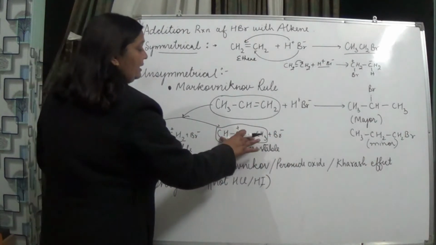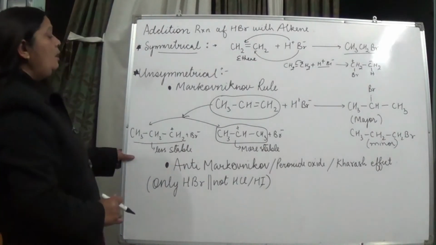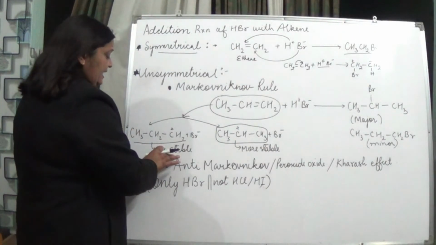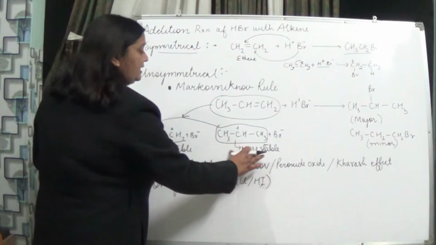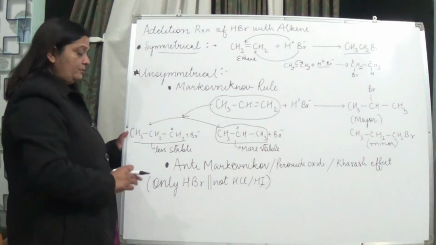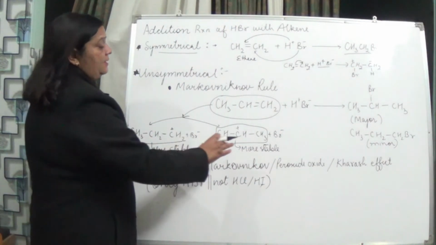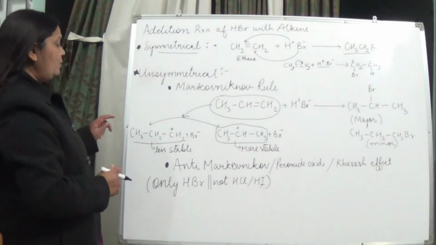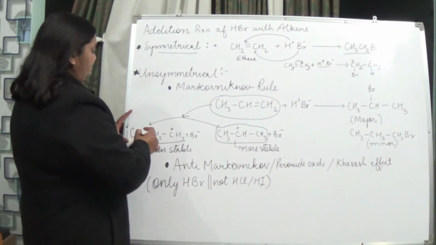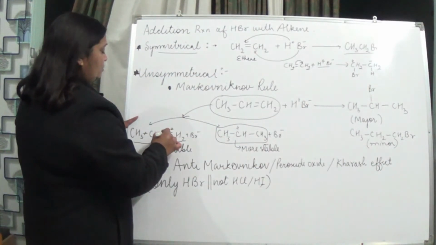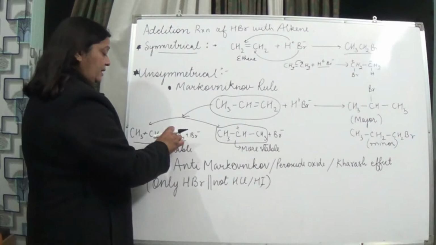Here two alkyl groups are there basically. The first we call less stable and the second more stable. Why? In the first, all the electrons move towards this one carbon atom.